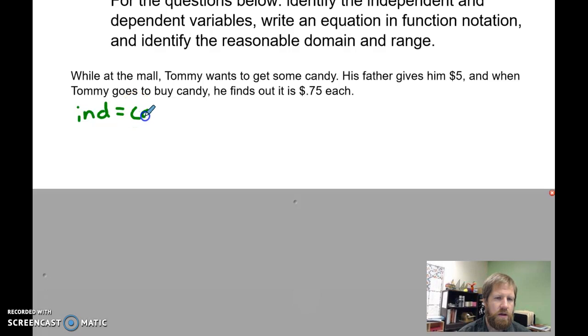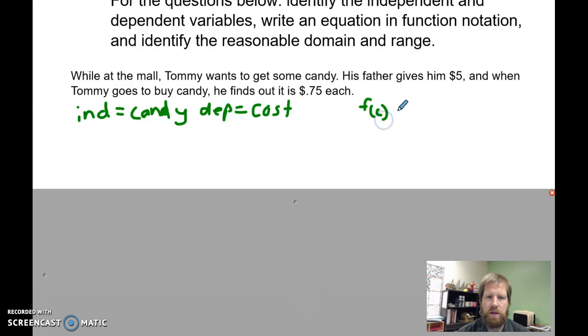That's going to be the independent variable. The dependent variable is going to be the cost, because what the cost is going to be depends on how much candy he buys.